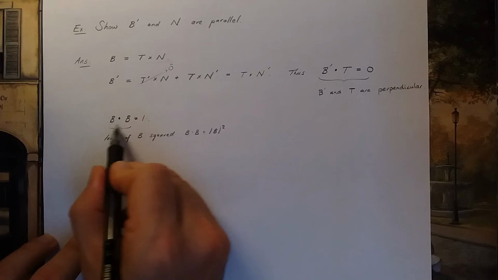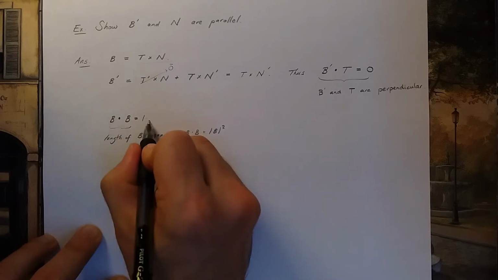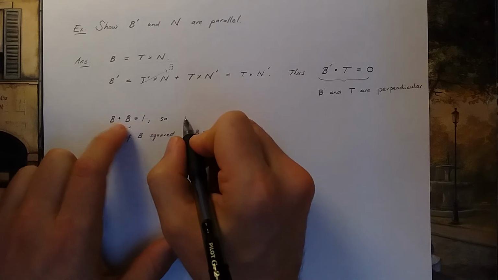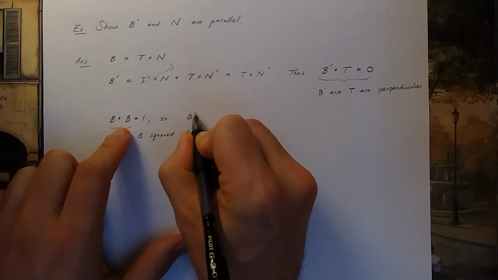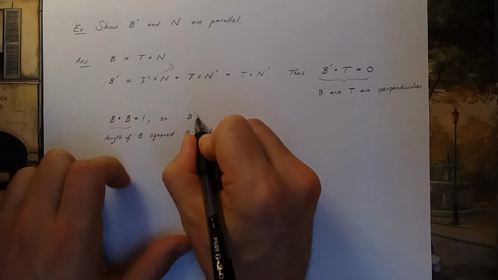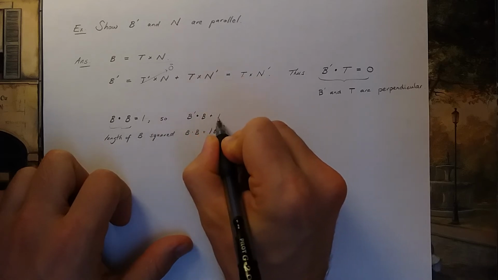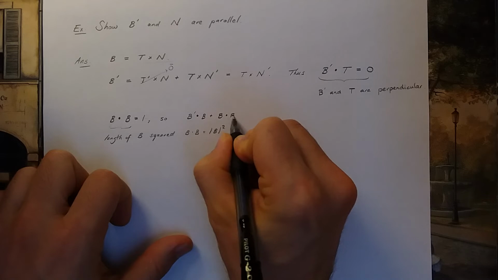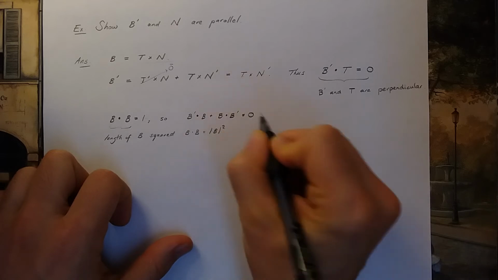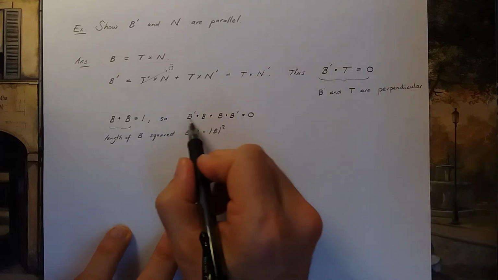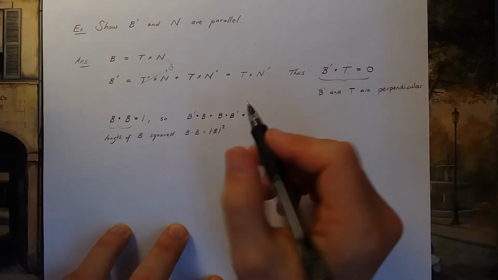So I'm going to take the derivative of this expression, and I will get the product rule over here. So I'll get b prime dot b plus b dot b prime should equal 0. The derivative of 1 is 0, and the derivative of this side is the dot product rule.